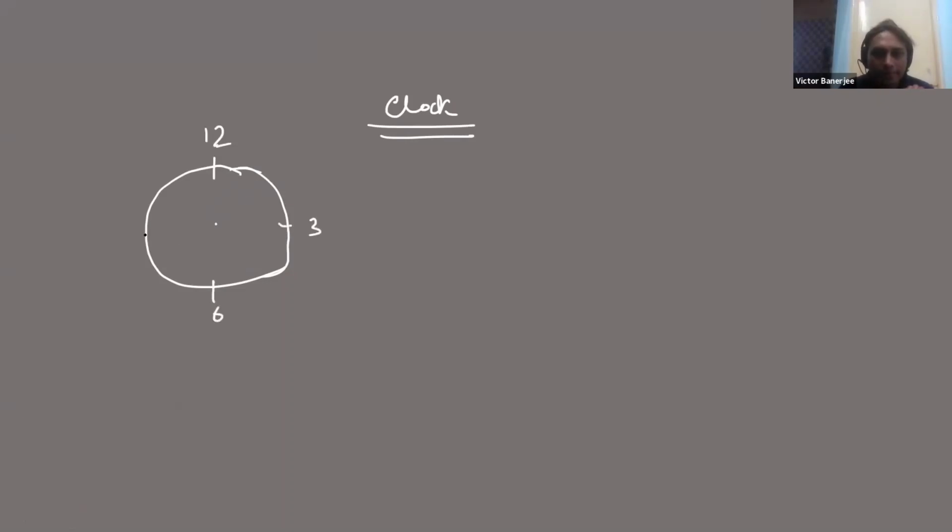So clock, basically, in clock, what happens and what are the questions generally asked? In clock, you have a circle. That circle has 12 hours. That's an analog clock. Basically, this is 12, 6, 3, 9.